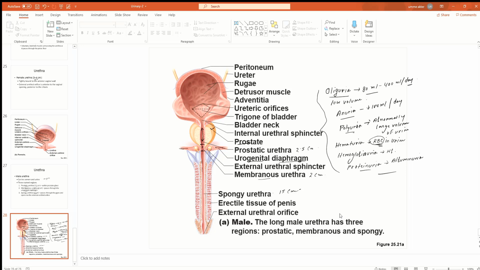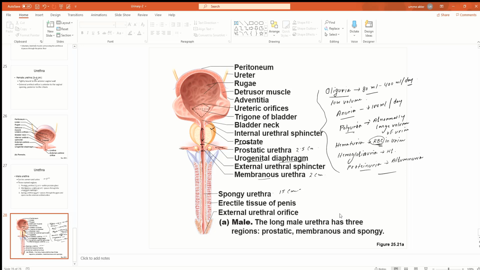Okay, and it can cause inflammation in the glomerulus. You remember the tuft of capillary, the glomerulus, that is where the filtration occurs, right? Or it could be in the kidney tubules or interstitial tissue. So if the glomerulus or the nephron are infected and inflammation occurs, that is nephritis.